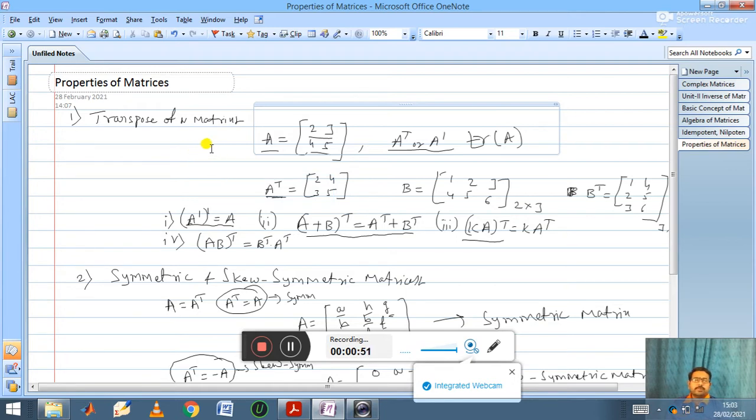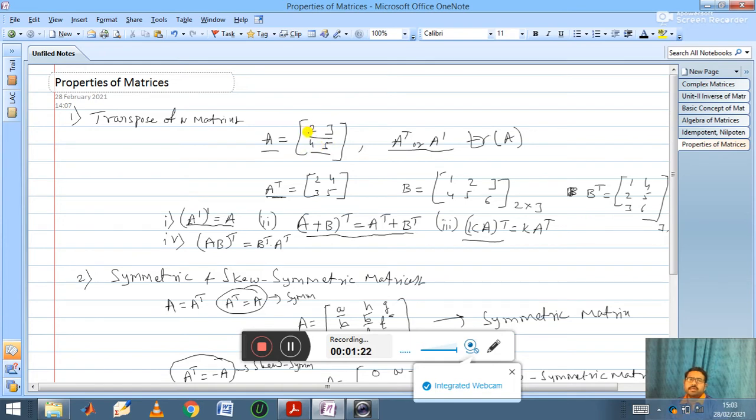Transpose of a matrix is nothing but interchanging of rows and columns. Let us take matrix A equals 2, 3, 4, 5. Here the elements are 2, 3, 4, 5, which means the first row is 2 and 3, and the second row is 4 and 5.